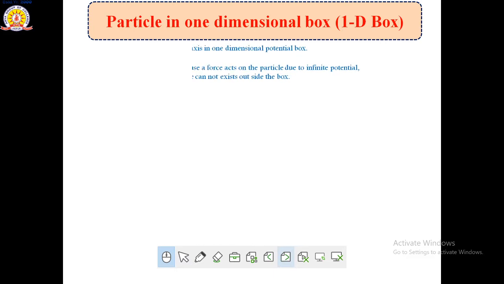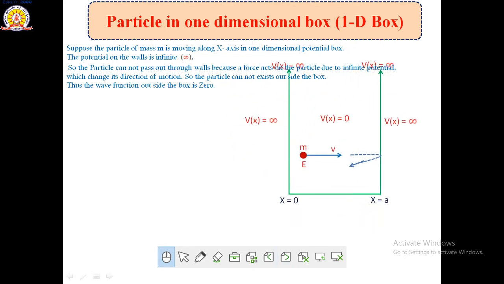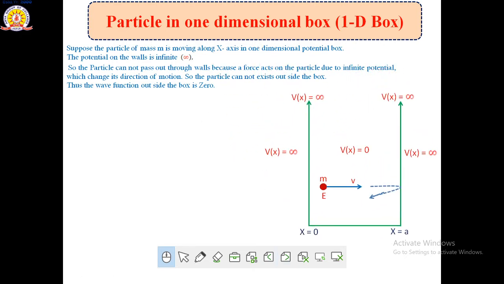Here I am considering a particle. Suppose we have an electron that has the mass m and energy capital E, and that electron is moving in the plus x direction with velocity v in a one dimensional potential box.